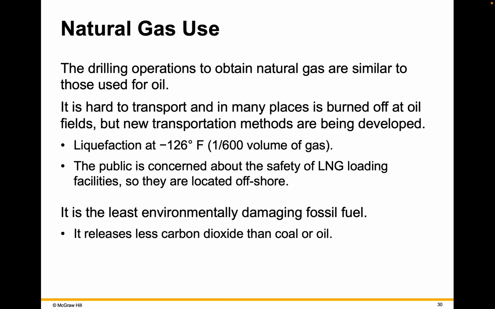The public is concerned about the safety of natural gas loading facilities, so they're located offshore. And this is the least environmentally damaging fossil fuel. It releases less carbon dioxide gas than coal or oil when it's burned.